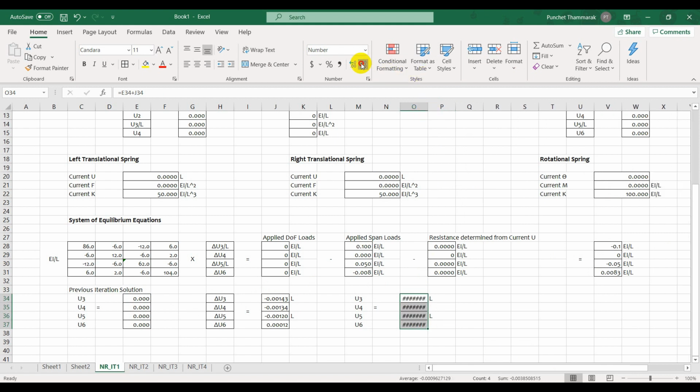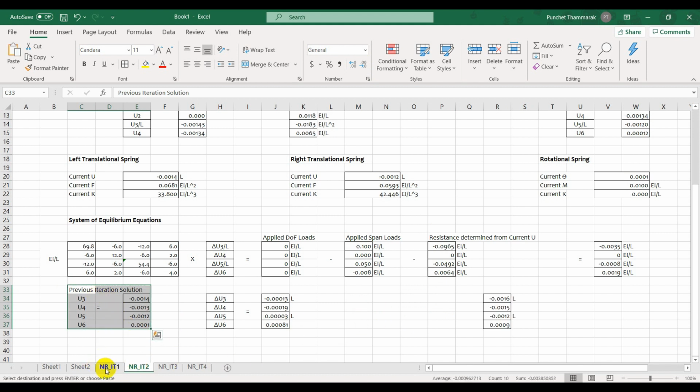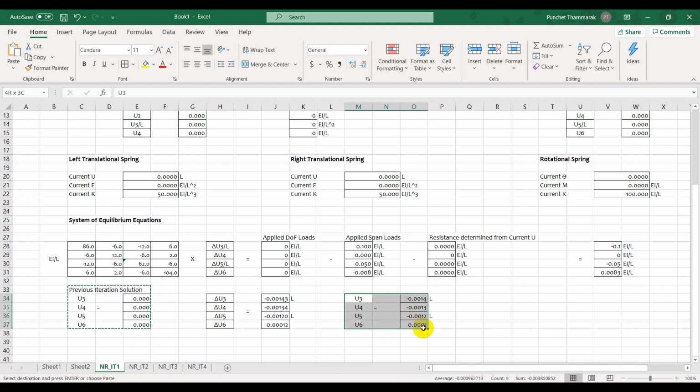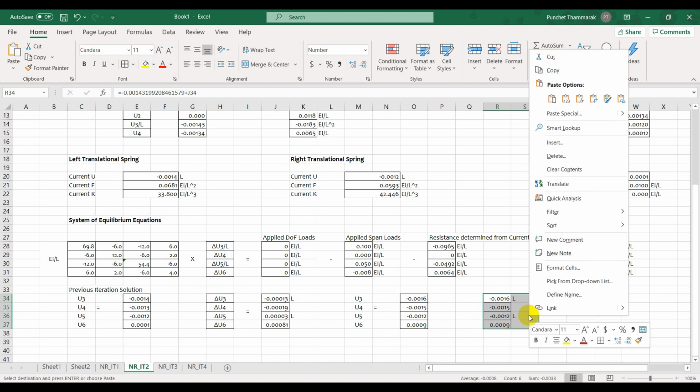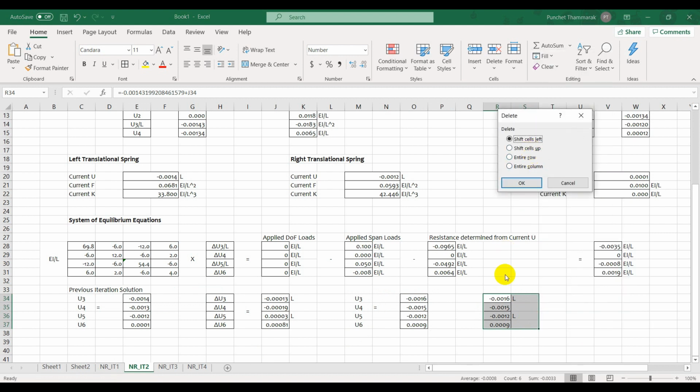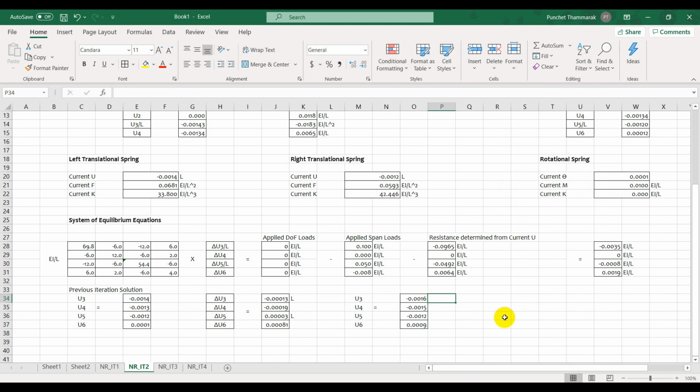Likewise for the number 2, okay, we have this one, and for this one, delete it. Yes. Okay, so this adds up with this, you get this.